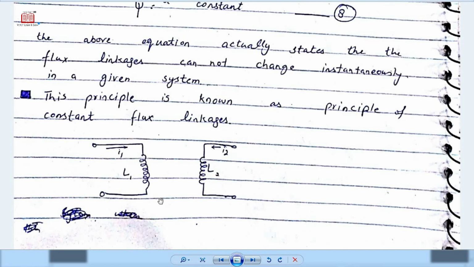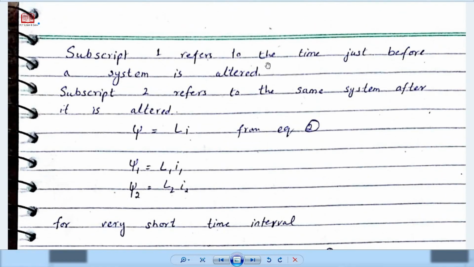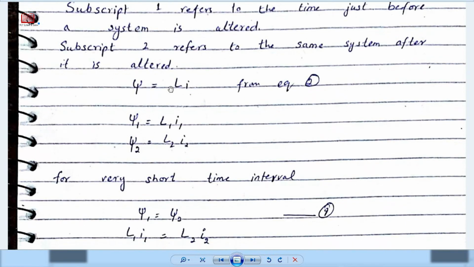After some moments, after we turn on the switch, it is I2 and L2. Subscript 1 refers to the time just before the switching, as I discussed already. Subscript 2 refers to the system after it is altered, meaning it is on.